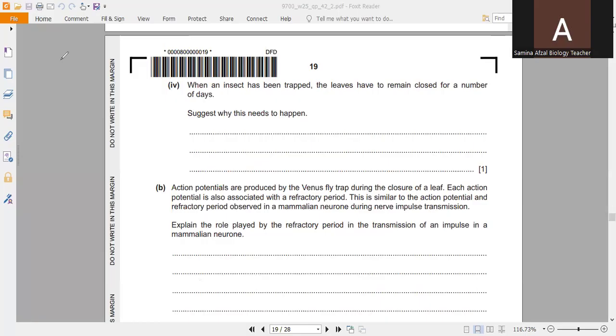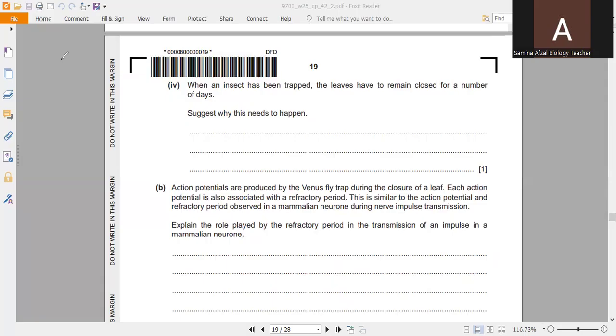The plant needs time to absorb the resulting nutrients, especially nitrogen and phosphorus, which are often lacking in the acidic boggy soils where these plants grow. Remaining closed prevents the enzymes from being washed away by rain and keeps other scavengers from stealing the prey. These are the different answers, and you can write any one of them.